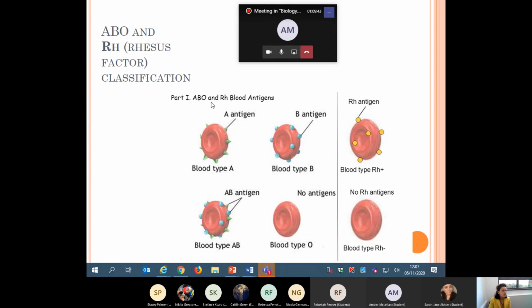So as well as being one of those blood groups, you are also either rhesus positive, or RH with a plus. That's what that symbol means. And that means you have yet another type of protein called RH antigen on the surface of your red blood cells. Or if you don't have it, then it's rhesus negative.